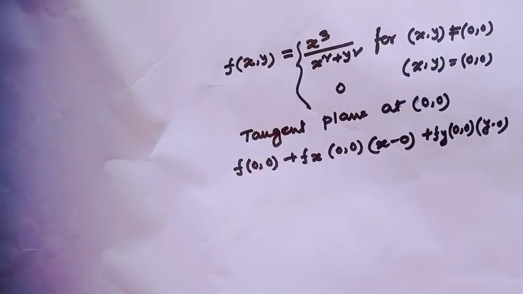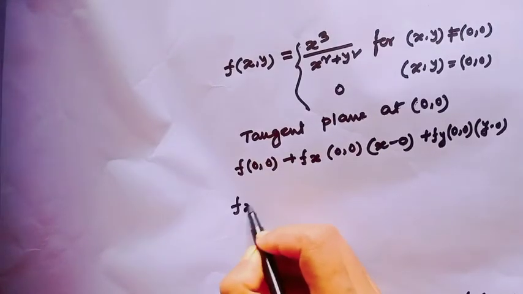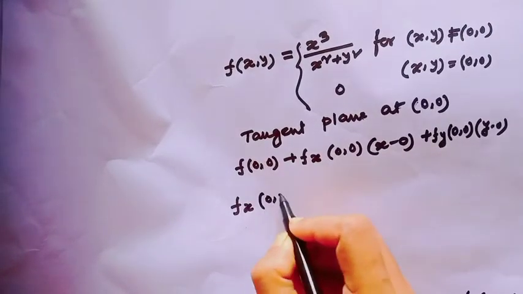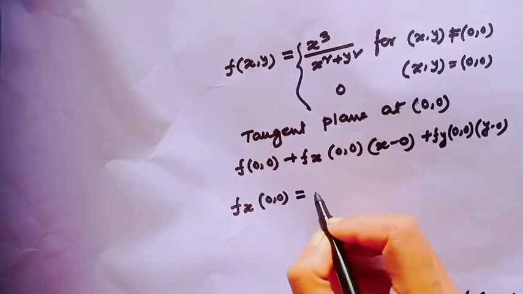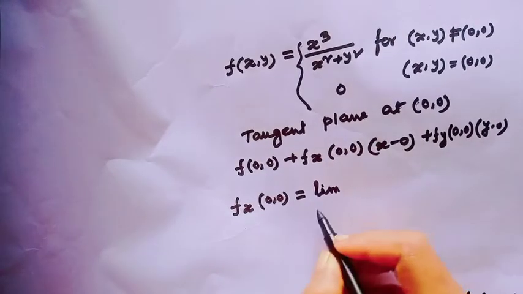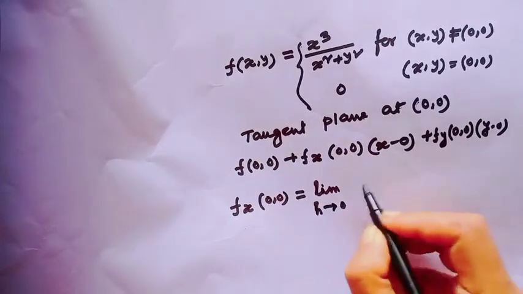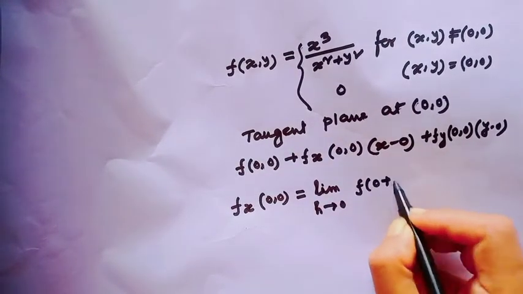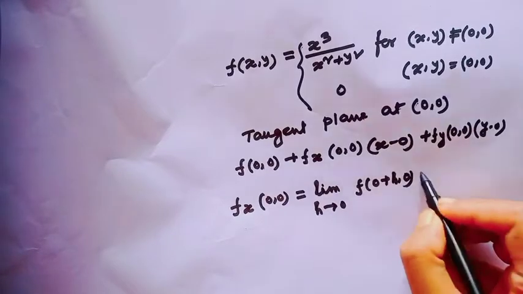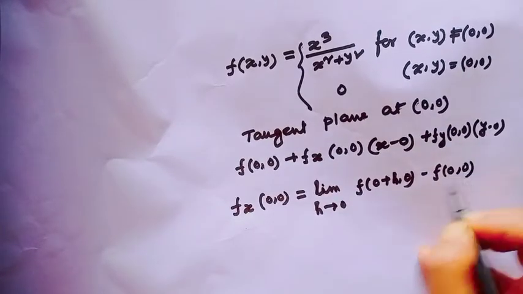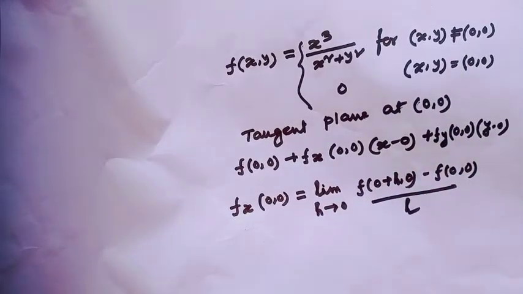For this, at first we have to check the partial derivative with respect to x at the point (0, 0). This is equal to the limit h tends to 0 of f(0 plus h, 0) minus f(0, 0) over h.